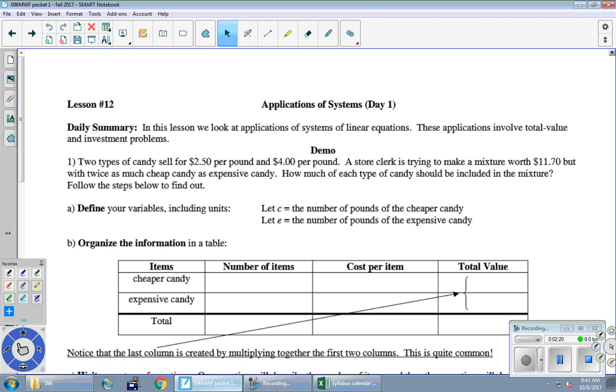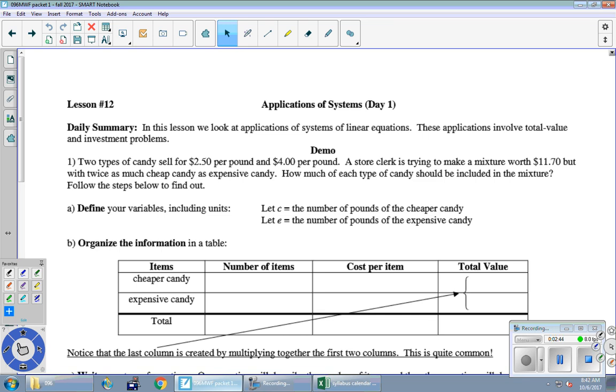Number 1, 2 types of candy sell for $2.50 per pound and $4 per pound. So you're picturing like a candy store, and it's not the prepackaged stuff, but rather you can just take a scoop of, like, M&Ms and a scoop of something else and mix it all together in one bag. So 2 kinds of candy, and the clerk is trying to make a mixture worth $11.70 altogether.